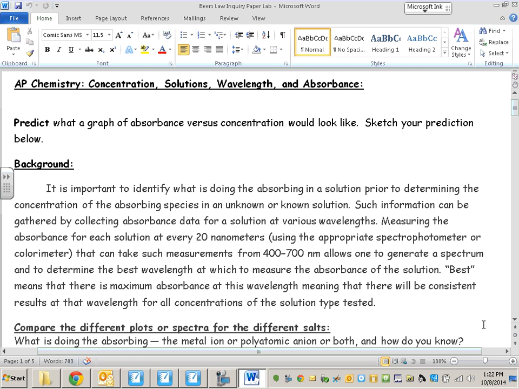If I know my concentration, I can go up and find the transmittance. But if I give you an unknown concentration, you would find the transmittance, plug it into negative log, go over to the line and drop down to find the unknown concentration. Remember that from way back?